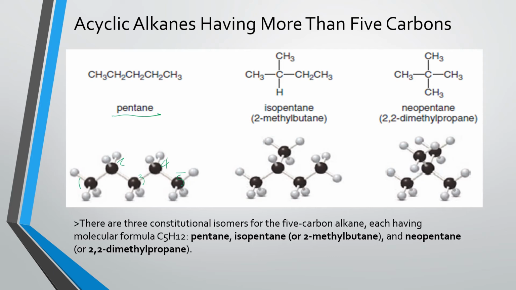Ilang H meron? C5H12. Now, for this type of alkane, it has several isomers. Can be written this way or this way. These two, neopentane and isopentane, are called constitutional isomers. They have the same molecular formula but different structures.